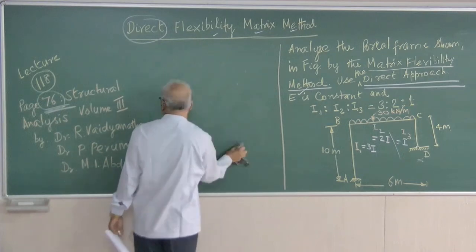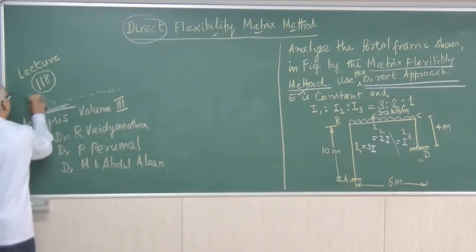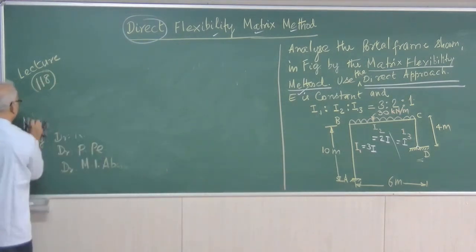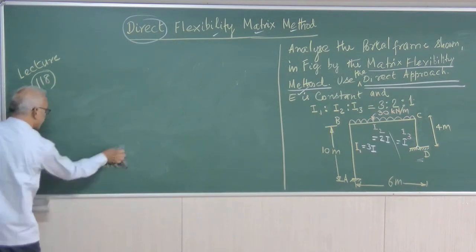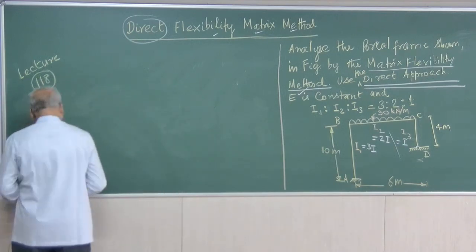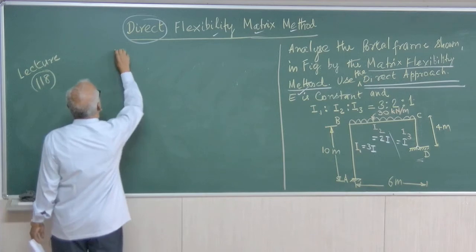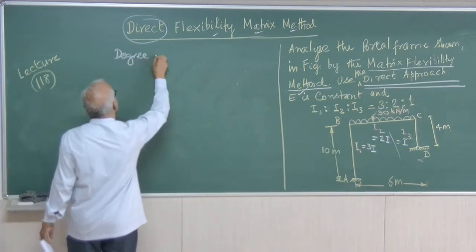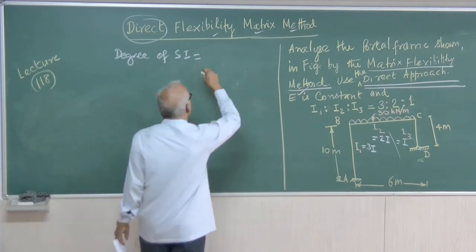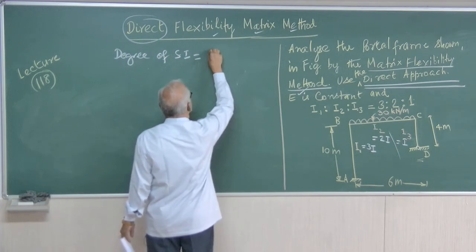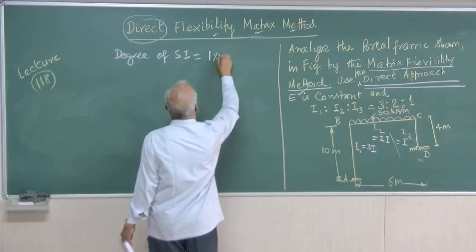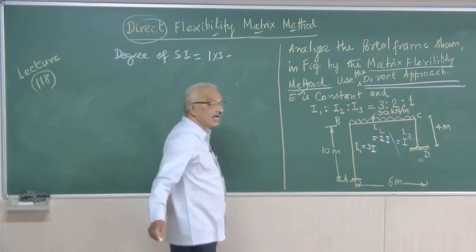The degree of static indeterminacy, for portal frames, is the number of closed loops, equal to 1, into 3, minus the number of releases.